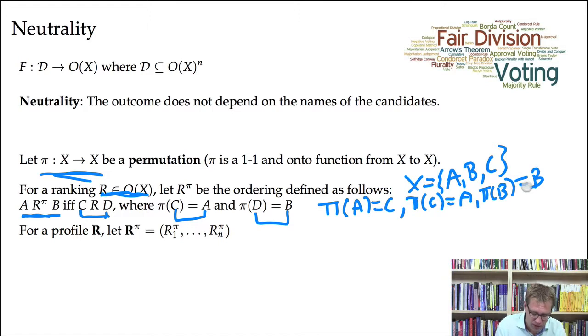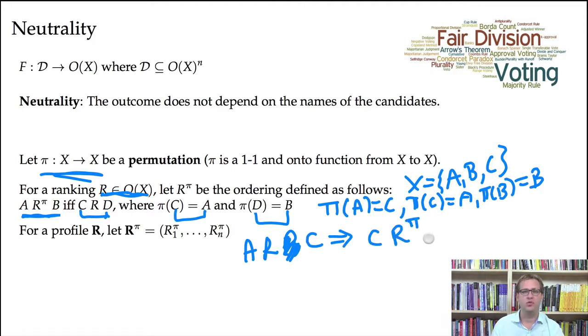Then if we have some ordering R such that A is related to C, under the permutation, C is going to be R pi related to A, because A is related to C under the original relation, and when you apply the permutation on the set of candidates, that means that C must be R pi related to A. So if we have a profile R, let boldface R to the pi denote the orderings R sub 1 to the pi, R sub 2 to the pi, and so on.